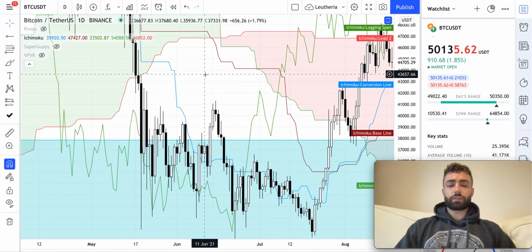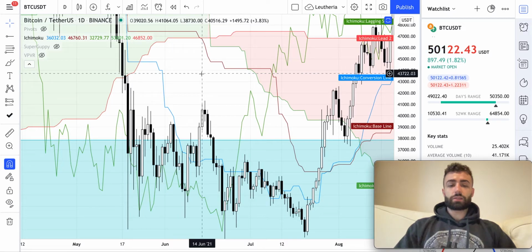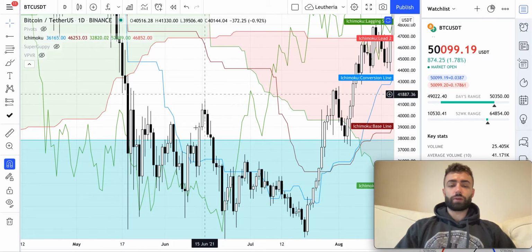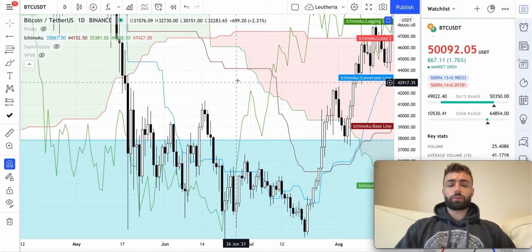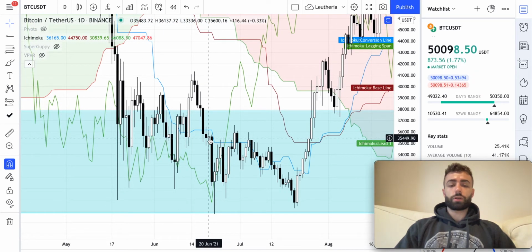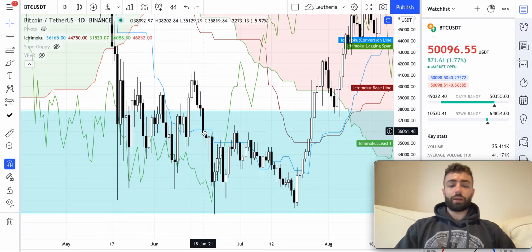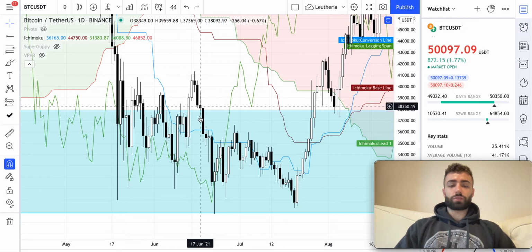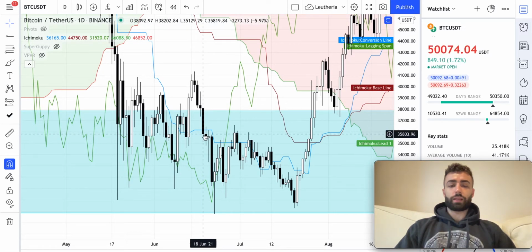Same exact situation on the bear side. As soon as this becomes valid from the bearish perspective, you can see when the cloud is red, Tenkan below the Kijun, all of that scenario, that is when we go short. So the first scenario where that was the case, where the price was below the Tenkan, was right here.